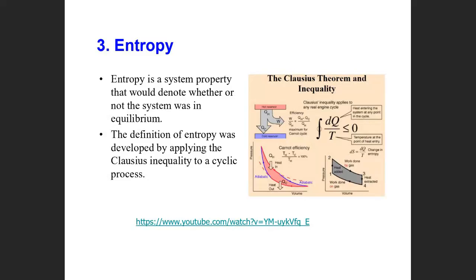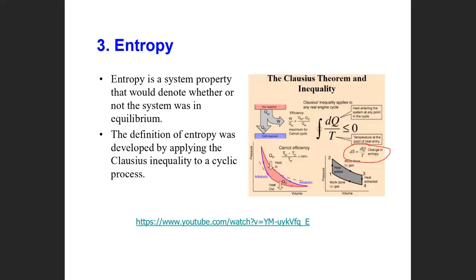Entropy, as we have introduced before, is a system property that denotes whether or not the system is in thermal equilibrium. The definition of entropy was developed by applying the Clausius inequality to a cyclic process. For a reversible process, entropy can be defined by the heat absorption or heat rejection at a temperature.